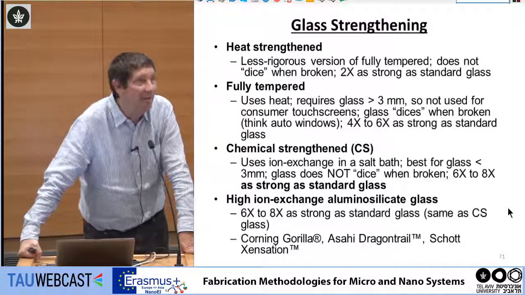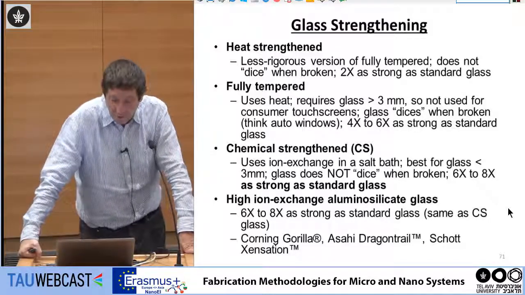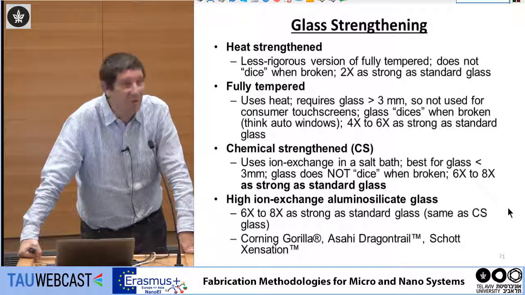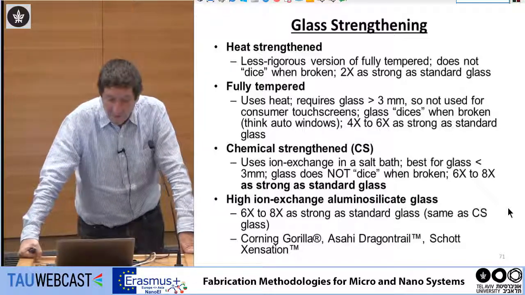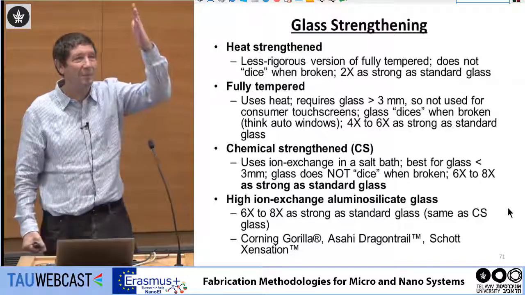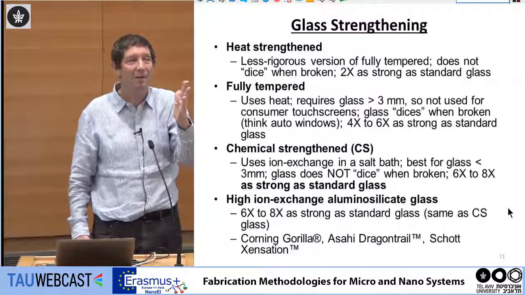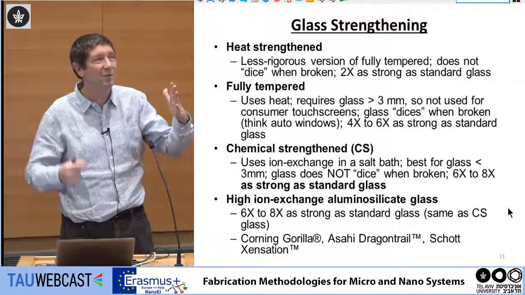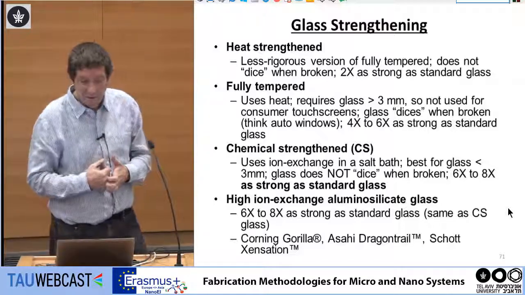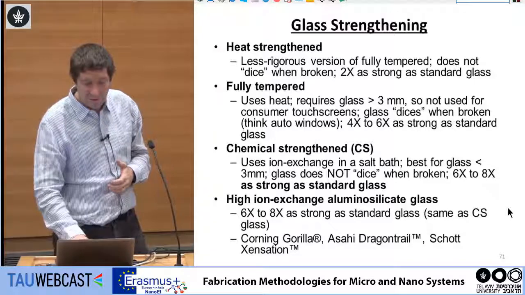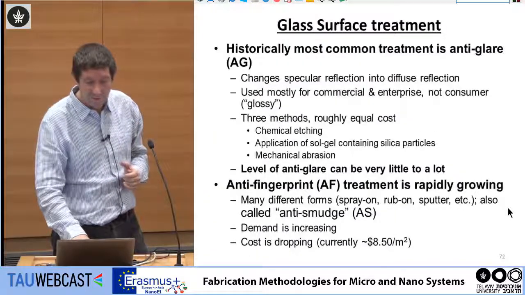By the way, Gorilla Glass is a trademark of Corning. Asahi calls it Dragon Trail, but it's just the name. The idea is ion exchange. You dip the glass inside an electrolyte and apply an electric field, so some of the ions penetrate into the material and strengthen it. It's 6 to 8 times as strong as standard glass. So this is Gorilla Glass.